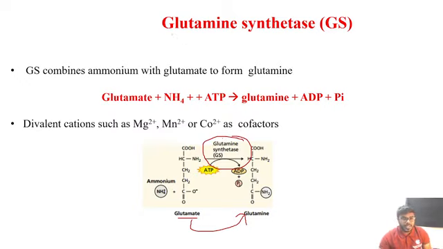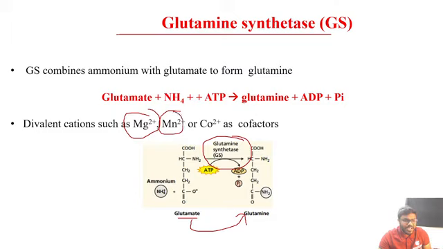And friends, the enzyme involved is the glutamine synthetase. Please remember for the exam, if this particular glutamine synthetase wants to be active, it requires major cofactors. What are the major cofactors required? Magnesium, manganese or cobalt. These are all basically acting as the cofactors. I want you to remember this.